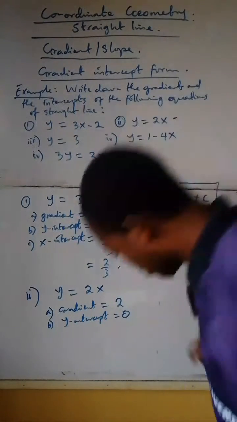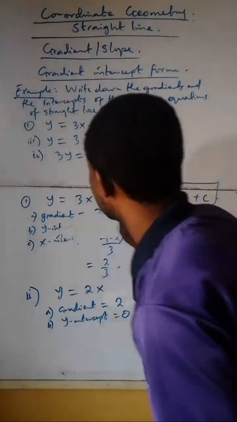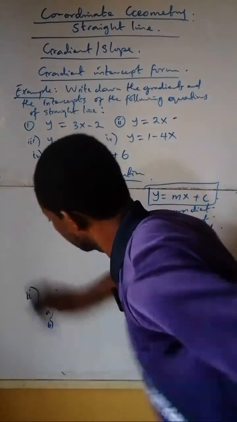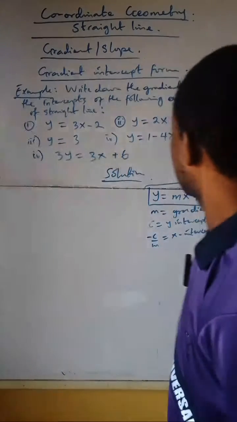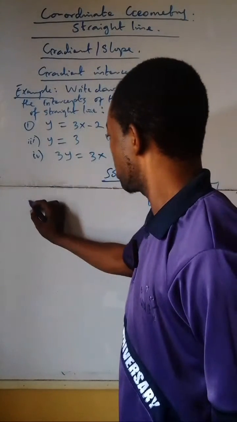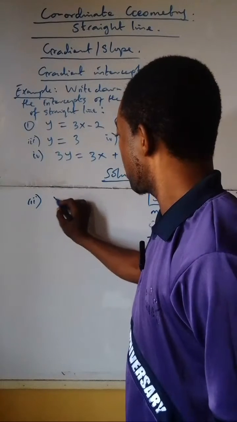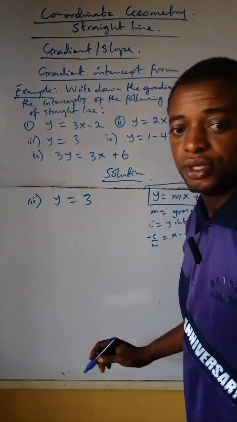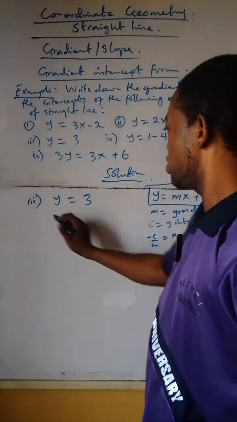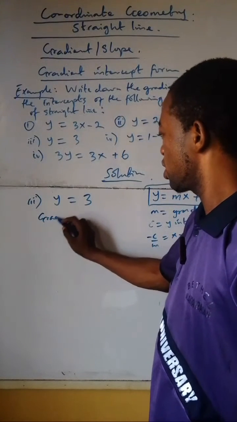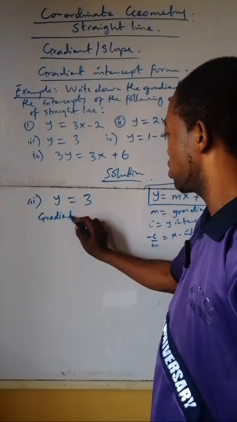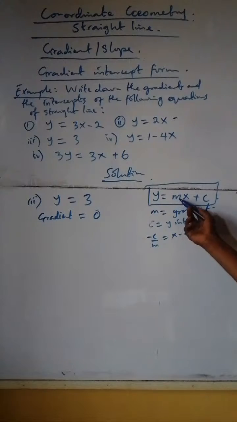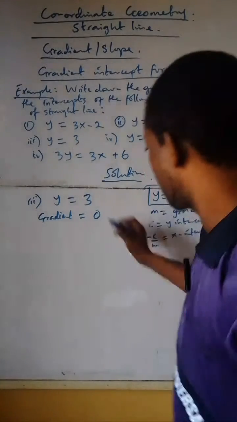And also, the third one, we solve the same way. From what is given here, y equals 3. When we compare this, the gradient here is automatically 0 because there is no variable x. Gradient is the coefficient of x, so we don't have gradient here.